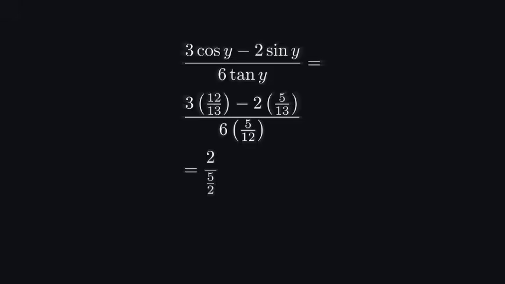So this simplifies to 2 over 5 over 2, which equals 4 over 5.